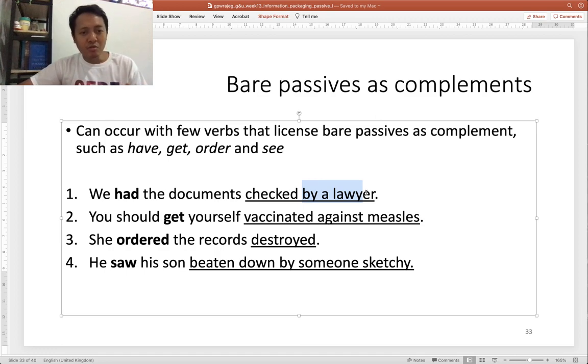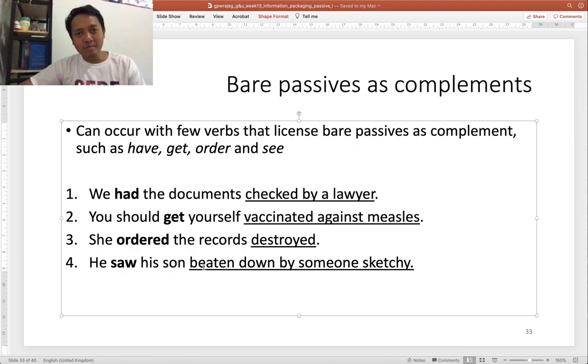Number two, you should get yourself vaccinated against the disease. Again, no auxiliary, but we know that you need to be vaccinated. We know this indicates a passive interpretation. Three, order the records destroyed: passive interpretation without any auxiliary. Lastly, he saw his son beaten down by someone sketchy.